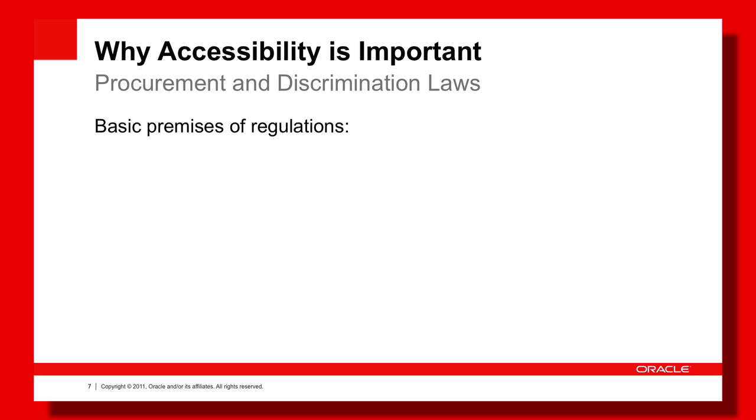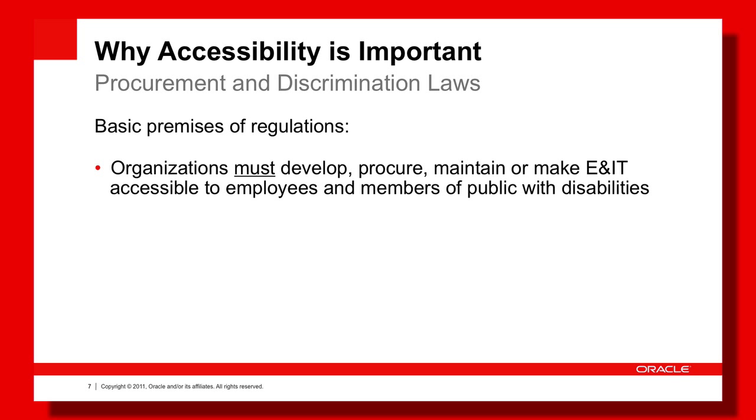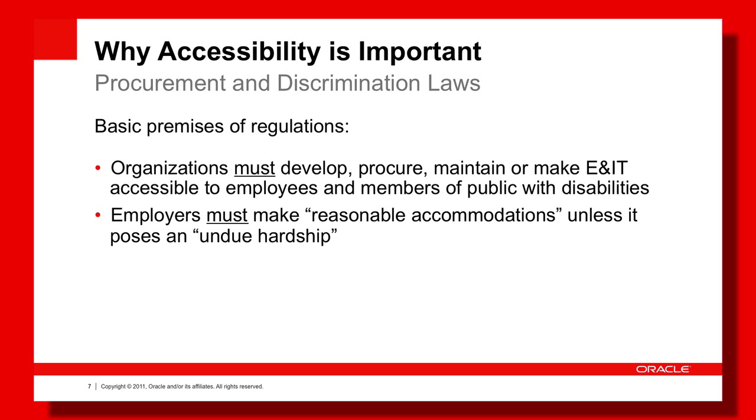So the broad premise of all these regulations or this legislation is that organisations must develop, procure and maintain or make use of enterprise and IT systems that are accessible to all employees and members of public with disabilities. Also, employers must make reasonable accommodations unless it poses an undue hardship.